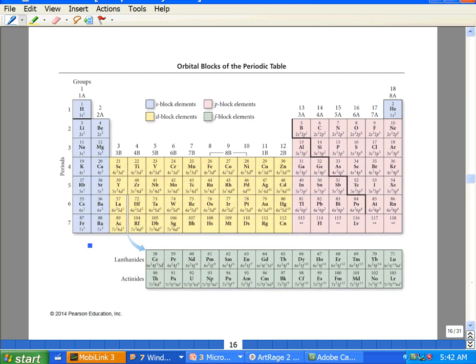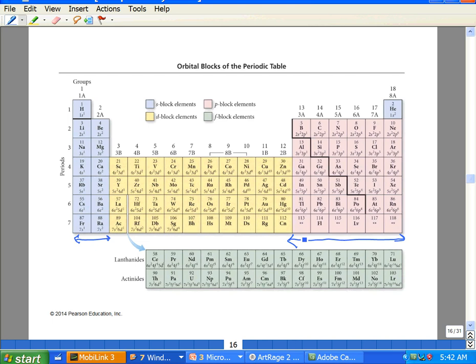It doesn't matter what row you go to, the s orbital is the highest orbital filled. Over here, in the pink, the p orbital is the highest orbital filled. Doesn't matter where you go, down or up in a family or group, the p orbital is the highest. Of course, we're going to use helium as the exception.